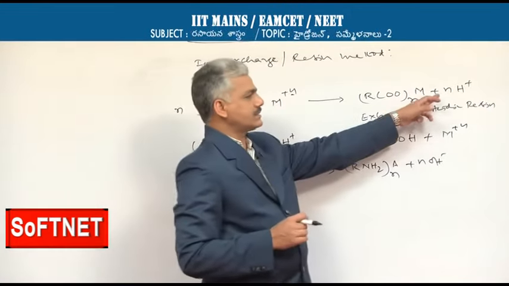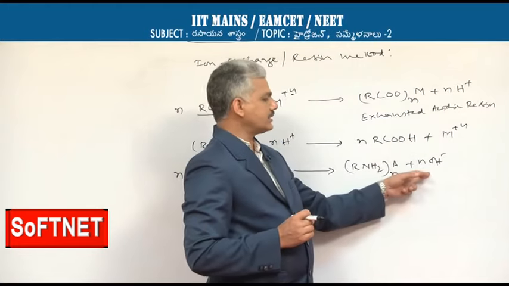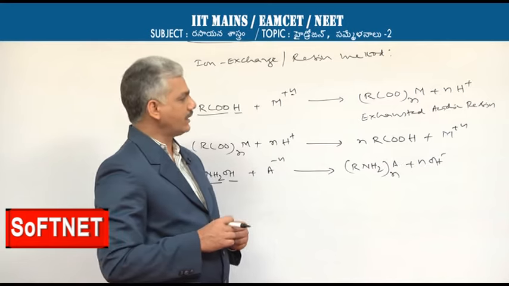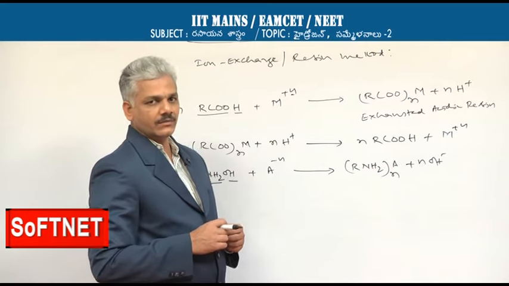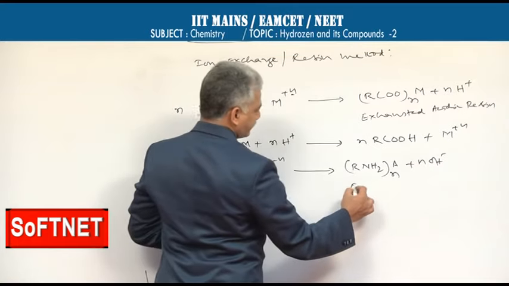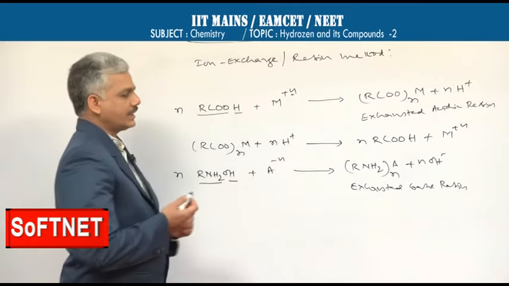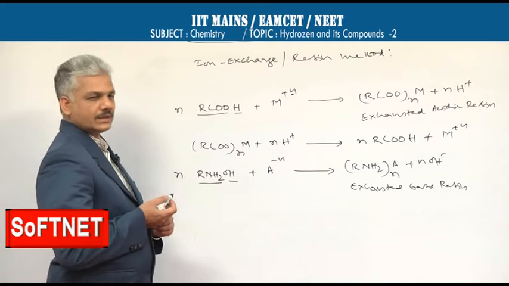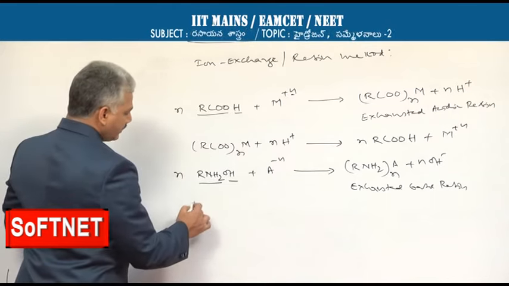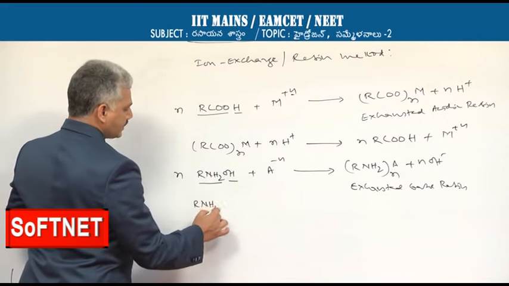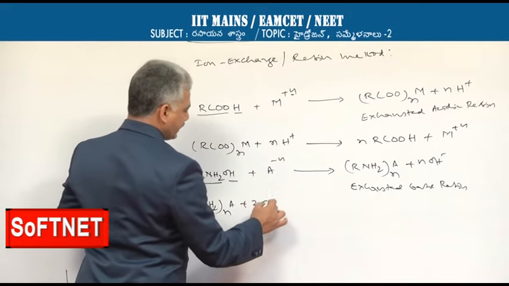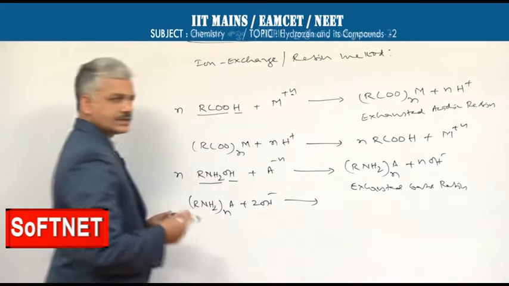The H plus ions released in the cation exchanger and OH minus ions released in the anion exchanger will combine together to give water, and the exhausted basic resin can be regenerated by washing with dilute basic solutions. In general, sodium hydroxide solution will be used. This reaction takes place during the process of regeneration.